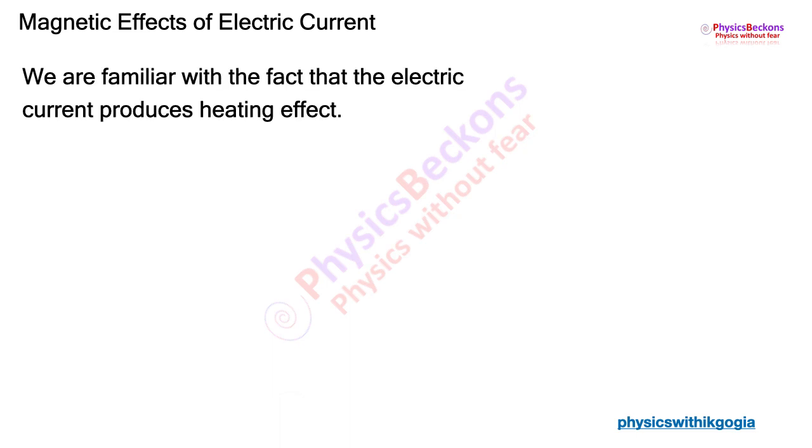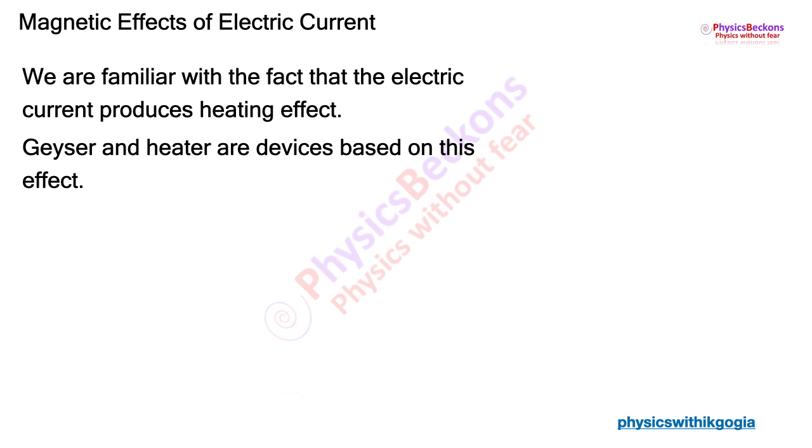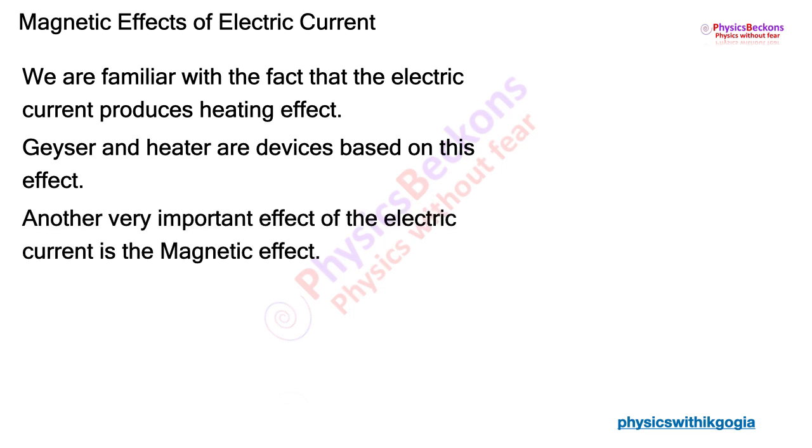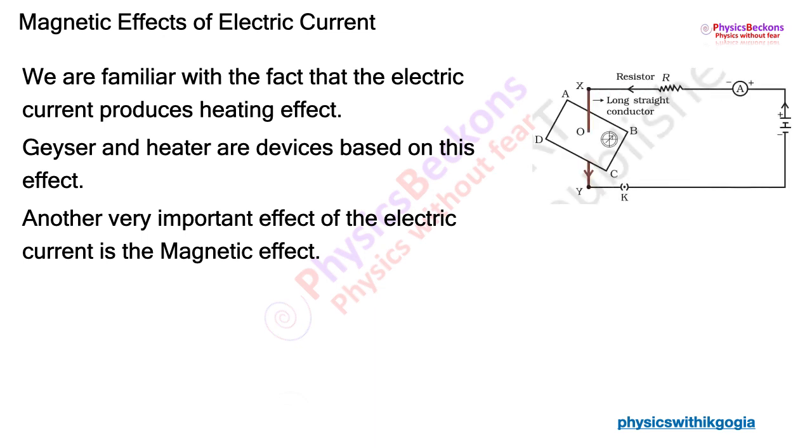We know that electric current produces heating effect. Electric geyser, heater, these are the devices based on the heating effect. Magnetic effect of current is another very important effect and has a number of wide ranging applications in daily life.